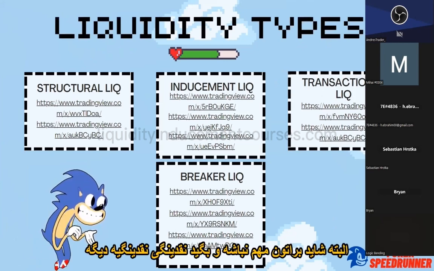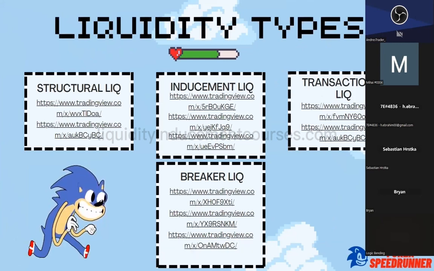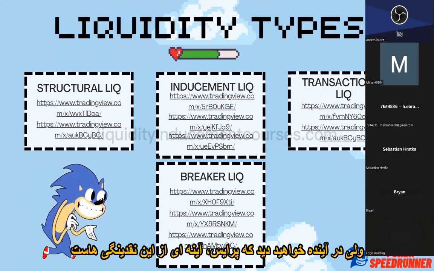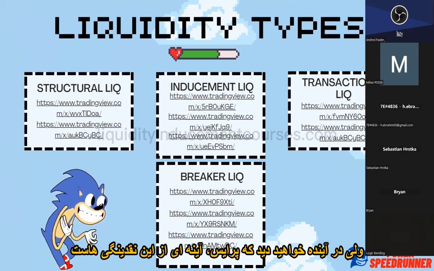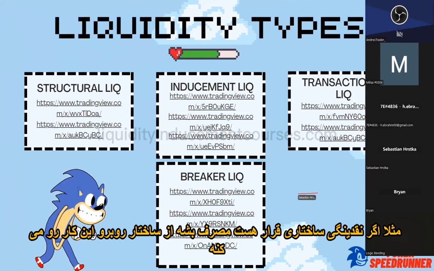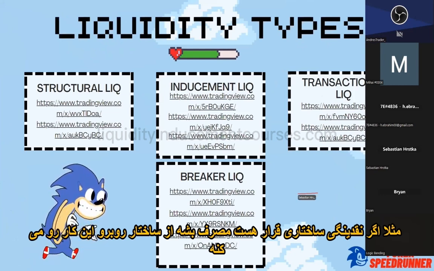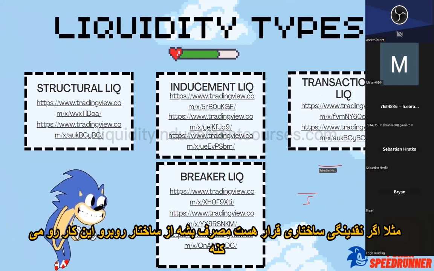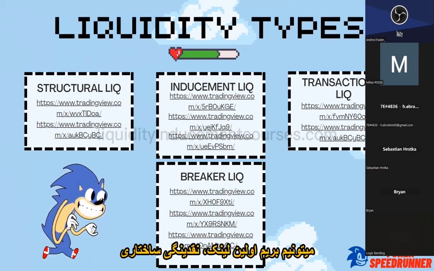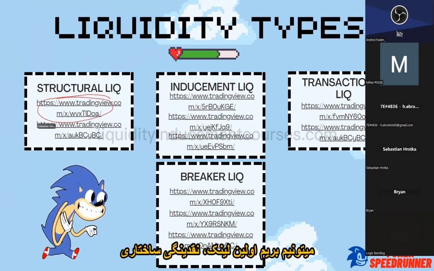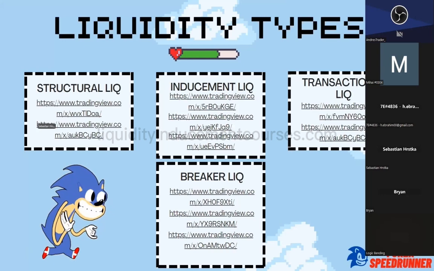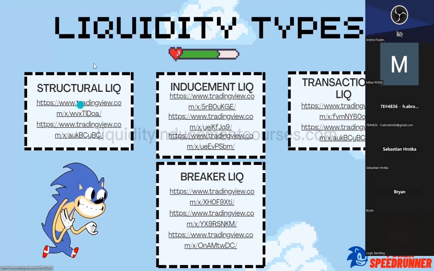It's not important, like liquidity is liquidity, but in the future you'll see the price will mirror those liquidity. So if, for example, structural liquidity is going to be taken out, it's going to take a structural from the opposite side. And we can go to the structural first.